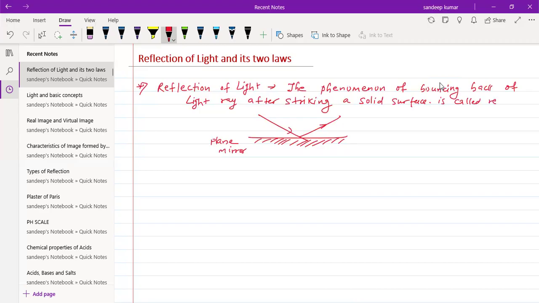It's called reflection of light. Is it clear? Now try to understand, children.